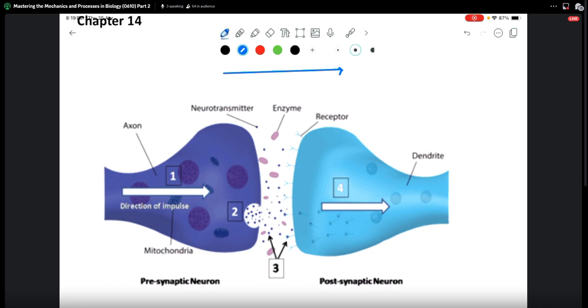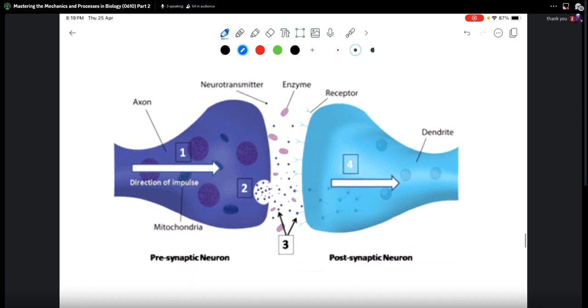The role of the synapse itself is to make sure that the impulse, like any electrical signal our body has, can only travel in a single direction. It cannot go straight and then go backward. It must go straight all the time in one single direction.